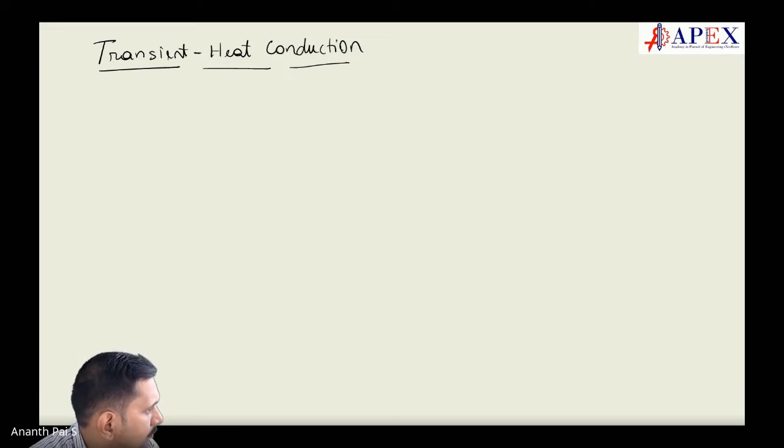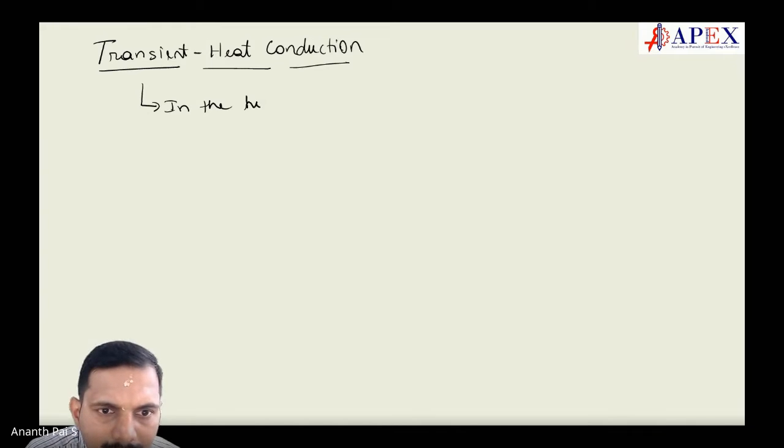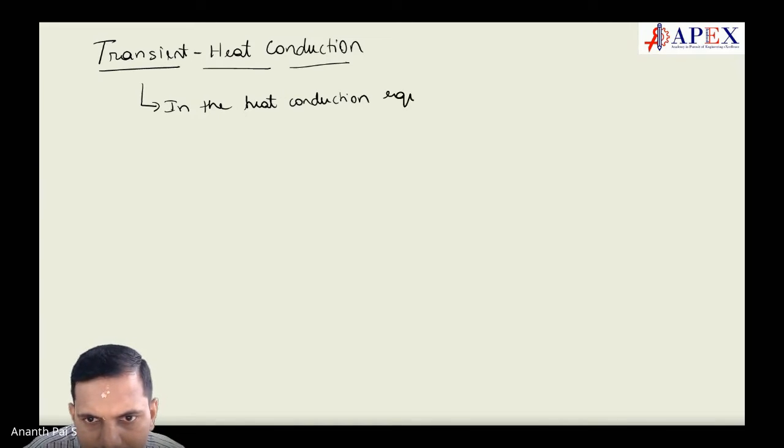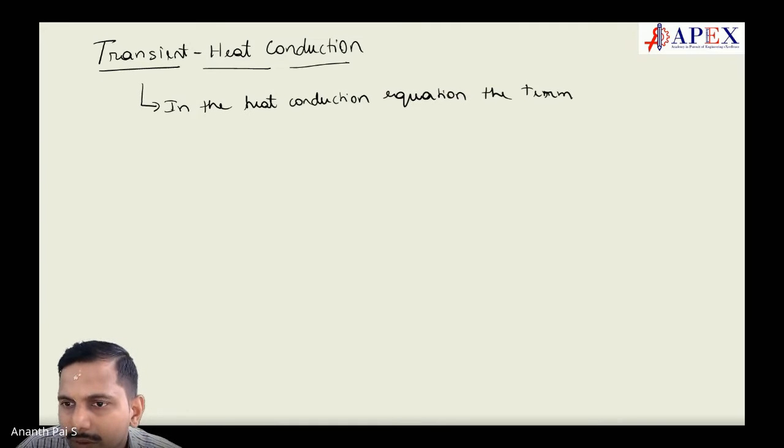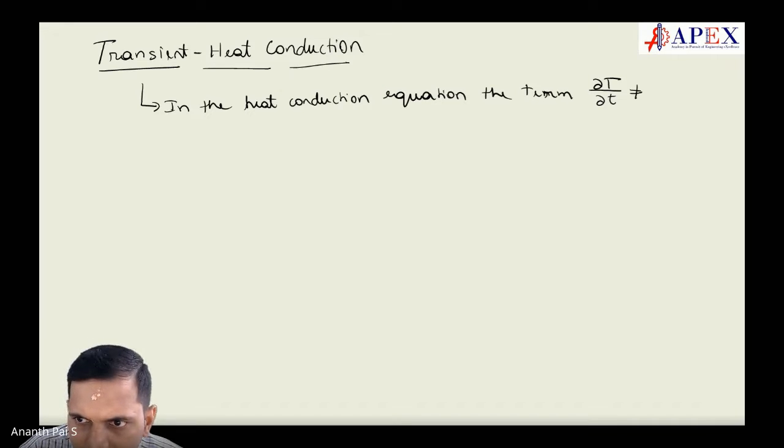So transient means in the heat conduction equation, the term dou T by dou t is not equal to 0, is a non-zero quantity.